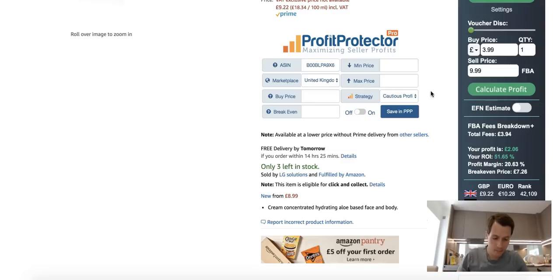So 48p more profit, and you're basically making a 12.18% ROI increase by doing what you're doing, lowering your pricing, okay?